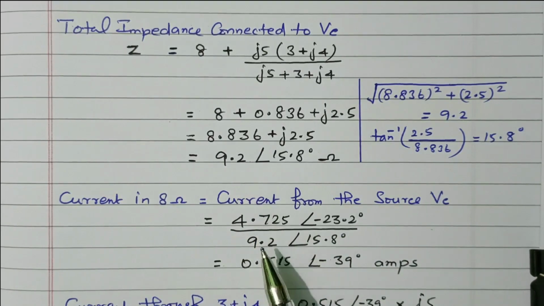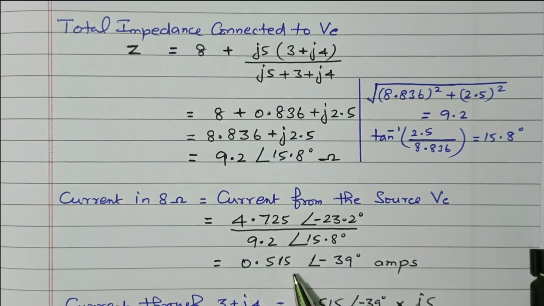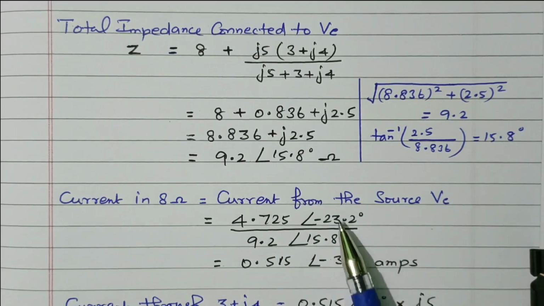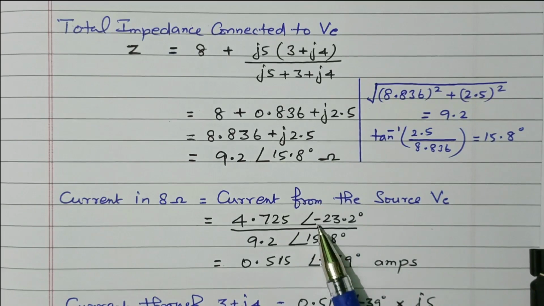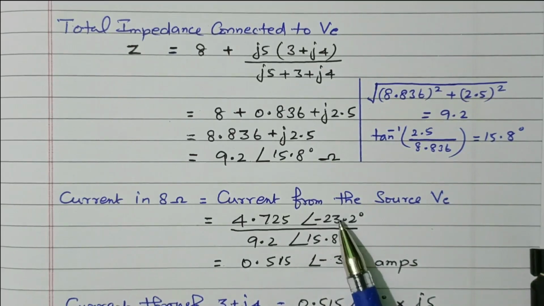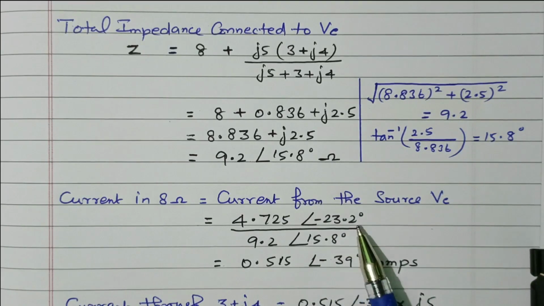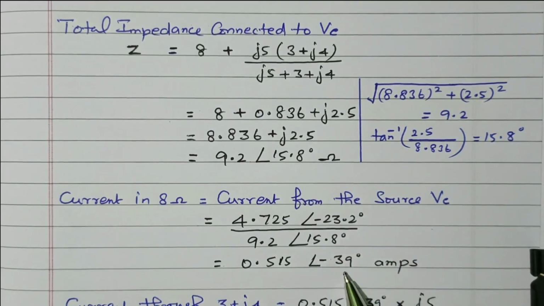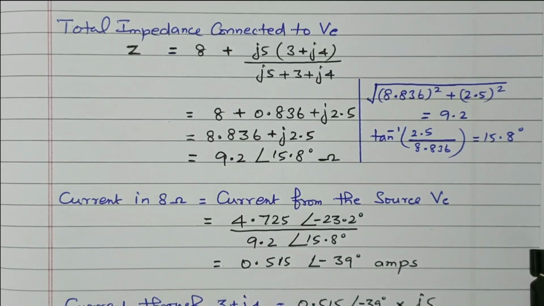So these two are divided. 4.725 divided by 9.2 is 0.515. For the angle, you have to subtract these two angles: minus 23.2 minus 15.8 is minus 39 degree. So we calculated the total current also.